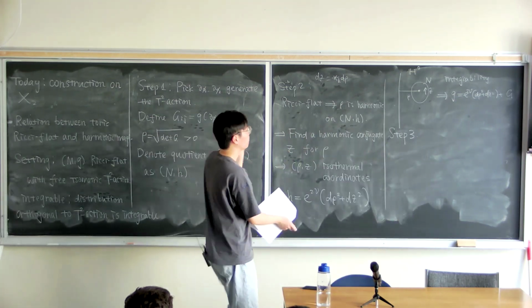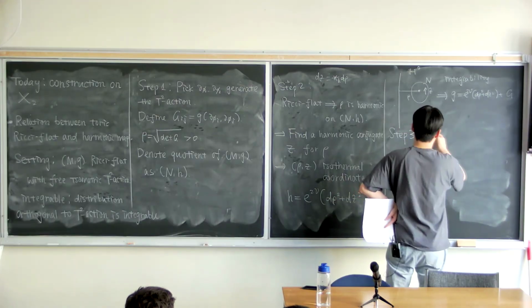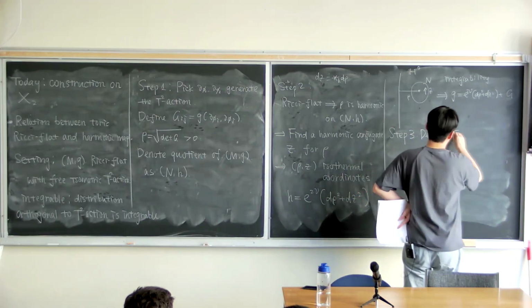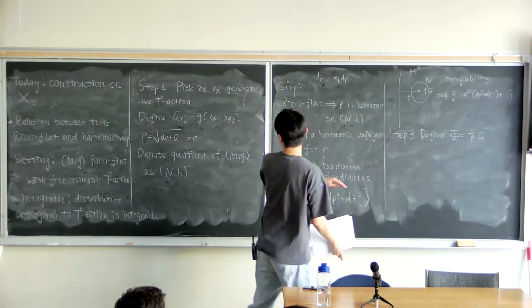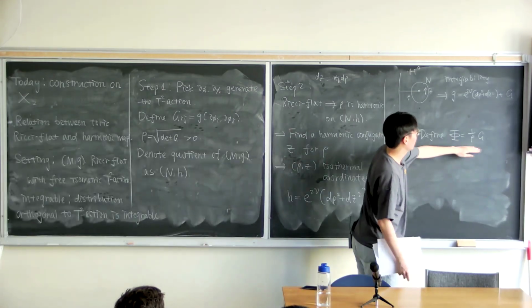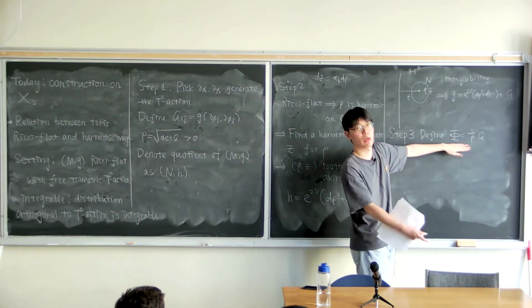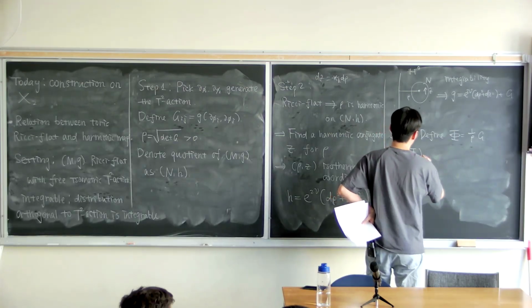In the last step, you can define phi to be 1 over rho G. This G here is just this matrix. And if you divide this matrix by rho, then the determinant of phi becomes 1 right now. Okay? So in particular, you have determinant of phi is 1.